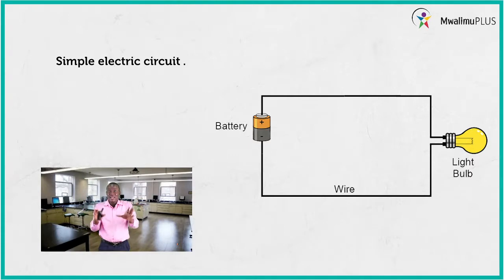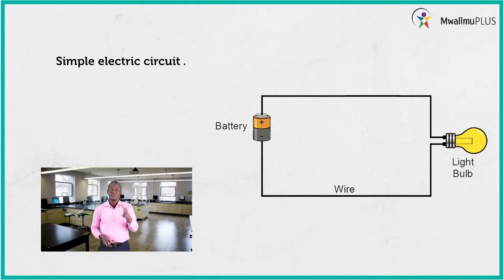If you look at them, they are connected, and that bulb is producing light. When you want to make a simple electric circuit, this is how you are supposed to connect your diagram. We have the positive terminal and the negative terminal. Remember, the wire is not supposed to be connected to the glass. We'll talk about that one later on in the course of this lesson.